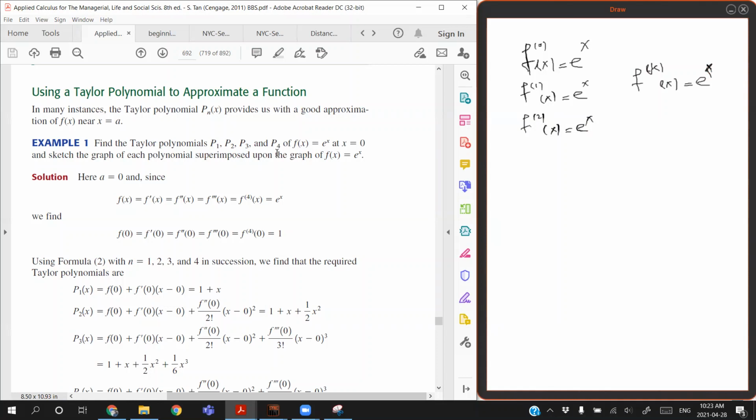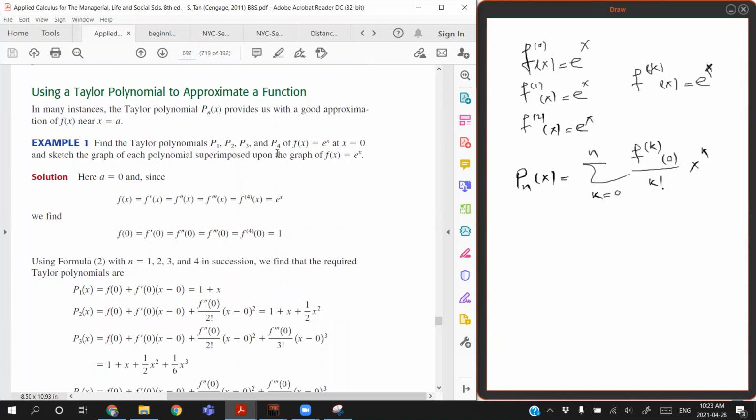Right? Now let's take a look at the formula. We have Pn of x is sigma k from 0 to n f^(k) of, if I want to write the Maclaurin one, where a is 0, 0 over k factorial times x to the power of k.